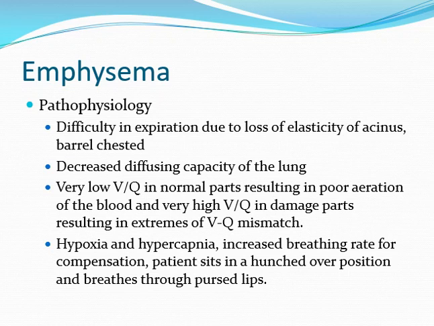So there is barrel chesting due to the entrapment of air, and the diffusing capacity of the lung is also reduced, as the alveoli are enlarged and the alveolar tissue is destroyed. The alveoli are responsible for increasing the surface area. So whenever the alveolar tissue is destroyed and the air spaces become larger, it reduces the surface area of the lung and the diffusing capacity is reduced.